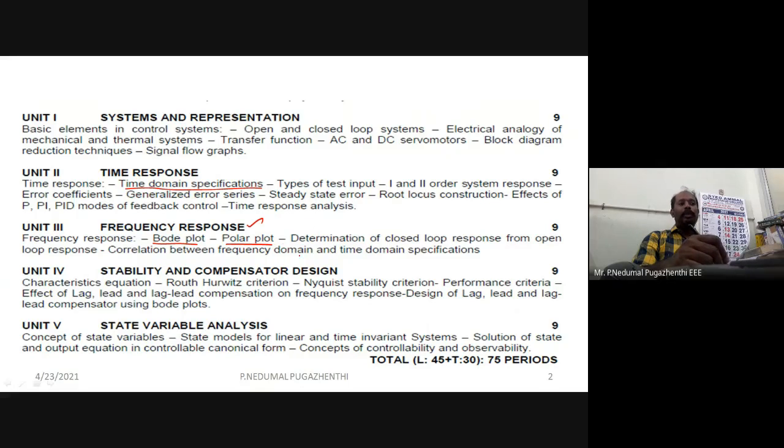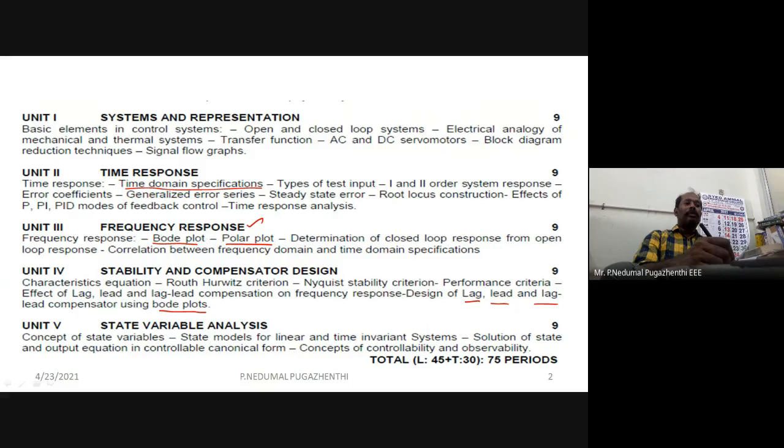This is how we will go through the entire unit. And this Bode plot is very important in this unit. Why? Because if you know the fundamentals of drawing the Bode magnitude and phase response, it will help you in designing the lag, lead, and lag-lead compensators using Bode in unit 4.